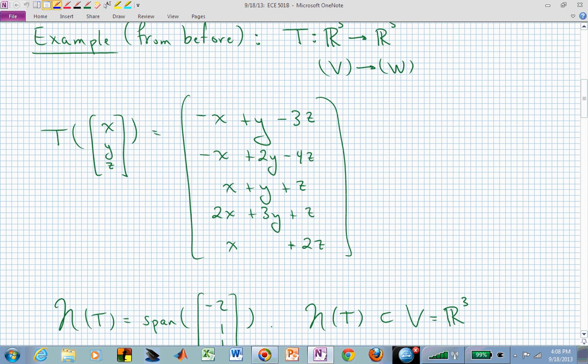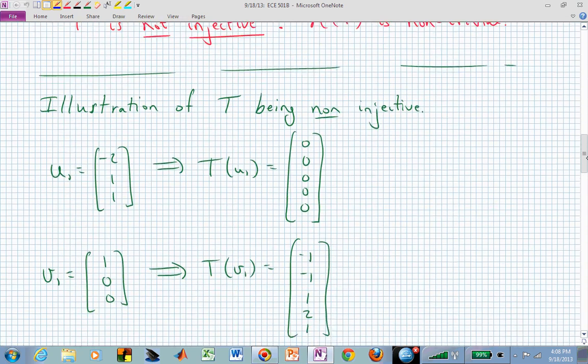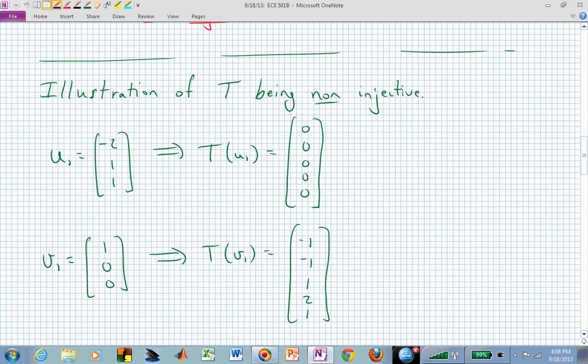That would be the result of operating on that 3-vector, 1, 0, 0, with this linear map. And that's all we're saying here. T of v sub 1 maps to the point in this 5-dimensional codomain, -1, -1, 1, 2, 1.